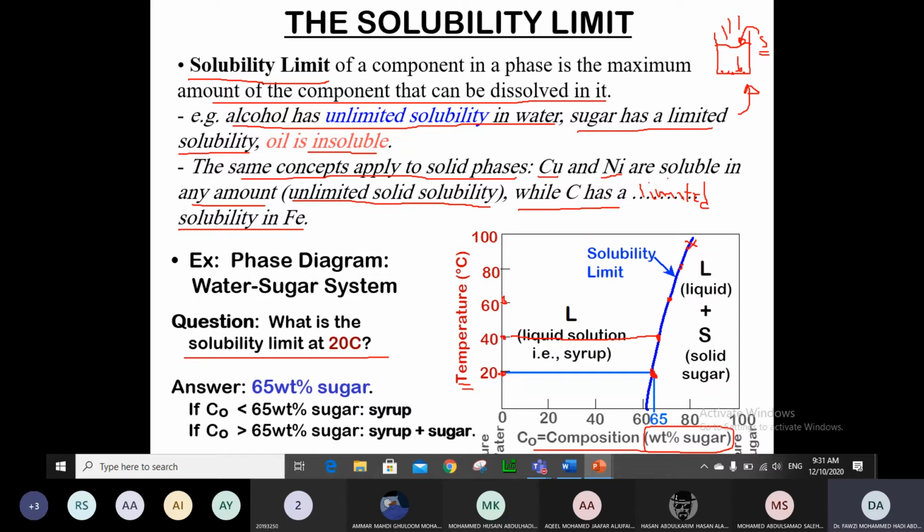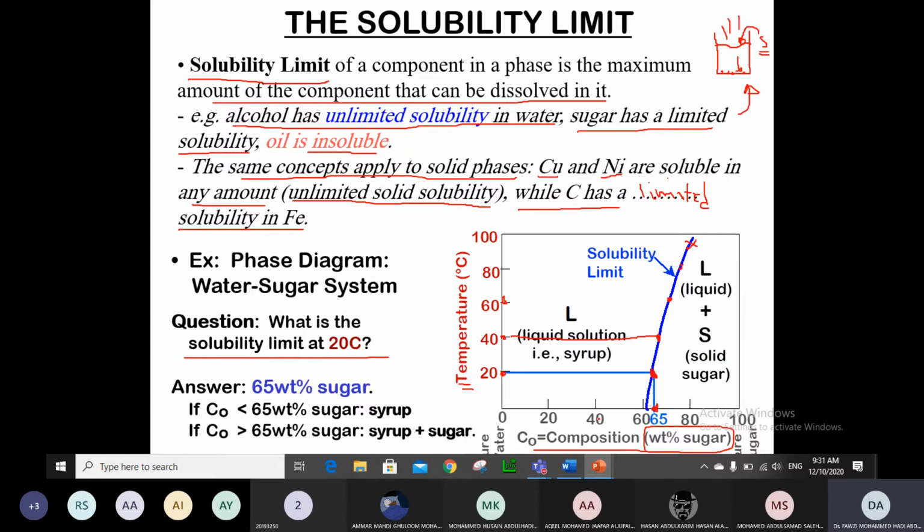You just go to 20 degrees centigrade, see where it intersects with the solubility limit here, and read the composition here. You will say my maximum solubility at 20 degrees centigrade is 65% by weight sugar, for example.